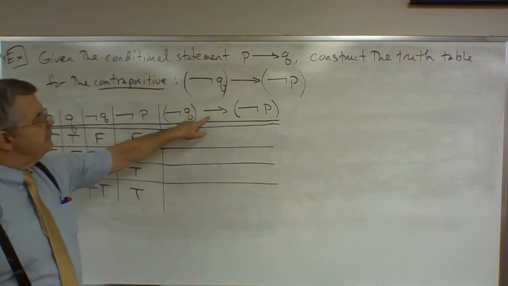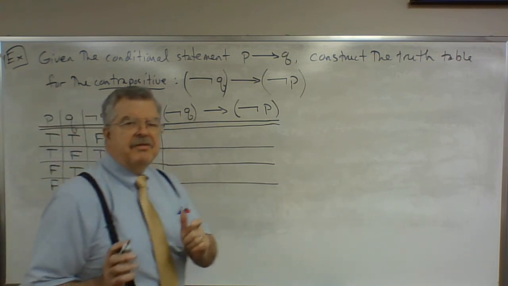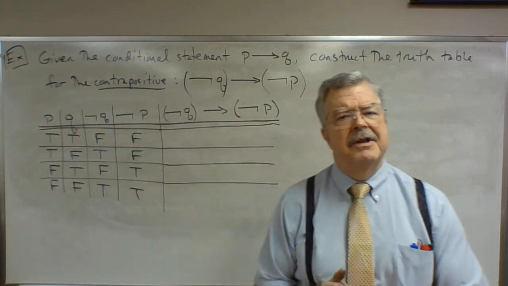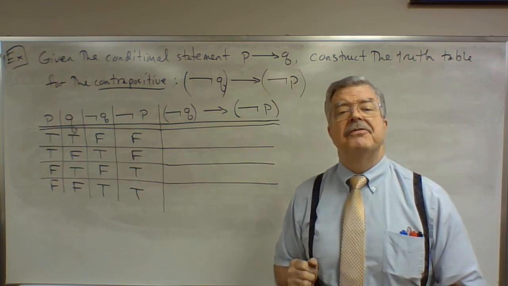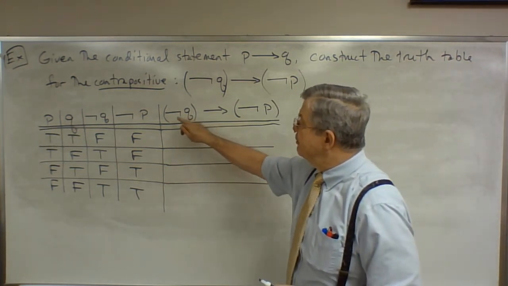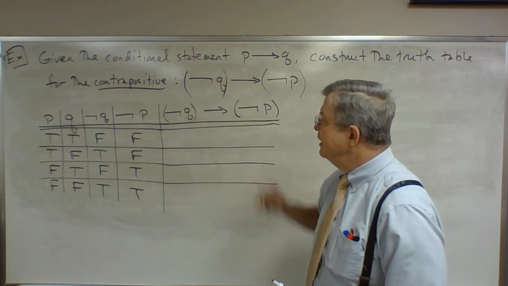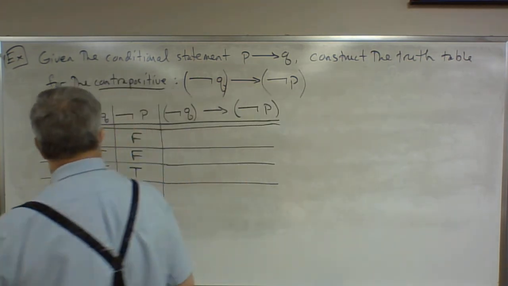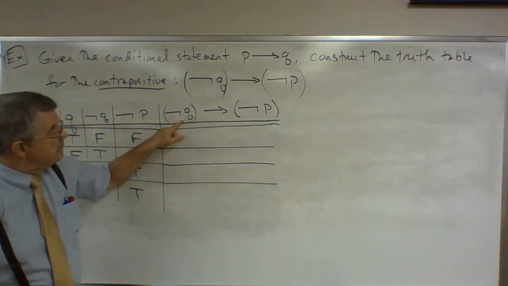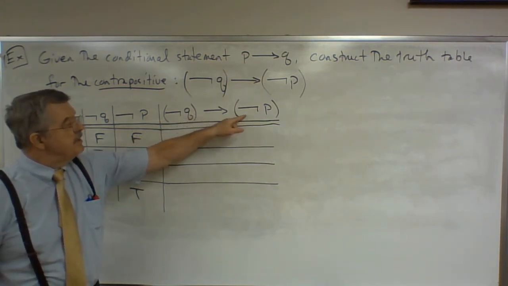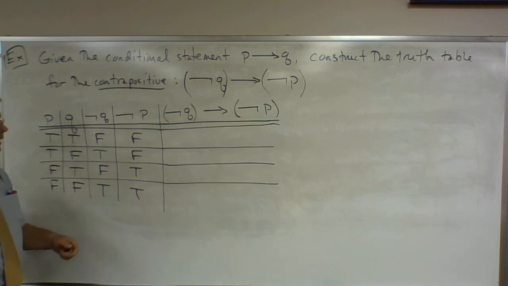This is a conditional statement. What's the special case for a conditional statement? A conditional statement is false when we have a true implying a false. Does that happen here? Do we have not Q true implying not P false? Let's see. Oh, son of a gun, it happens right here.